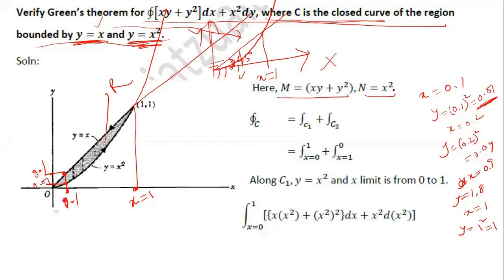And when we perform the loop integration, this is your closed loop, but in one section of this closed loop, from this point to this point, the equation of that curve is y equal to x squared.